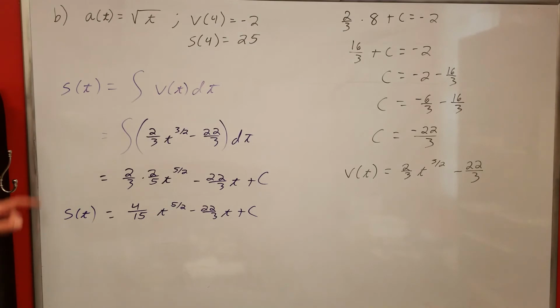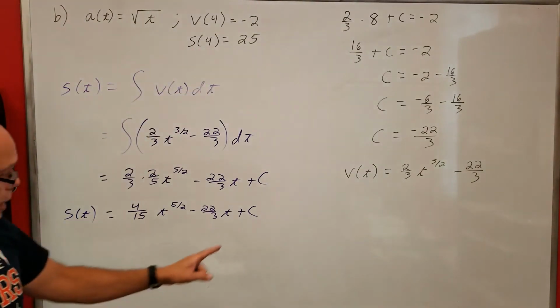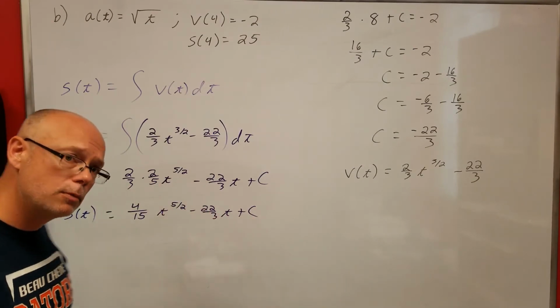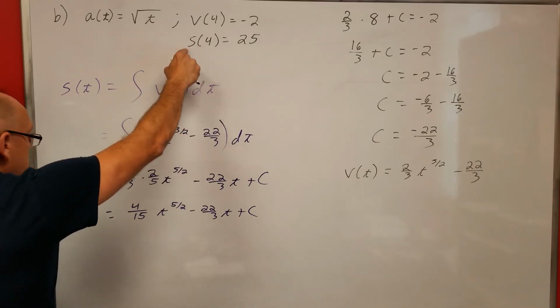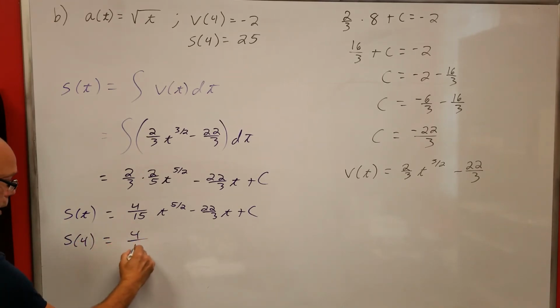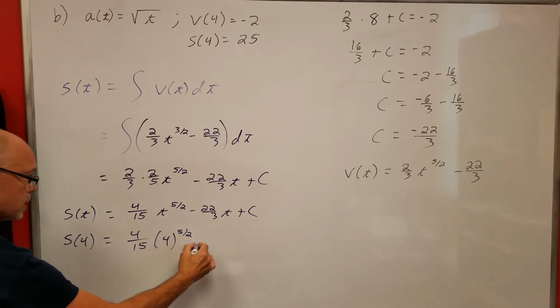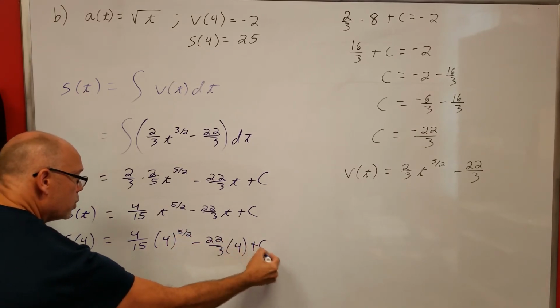But if they give me these conditions right here, then what can I do? I can use that to find c and get a more specific function. So let's do so. So when I input 4 into s, so take s, input 4, s of 4, that'll give me 4/15 times 4 to the 5/2 minus 22/3 times 4 plus c, right?